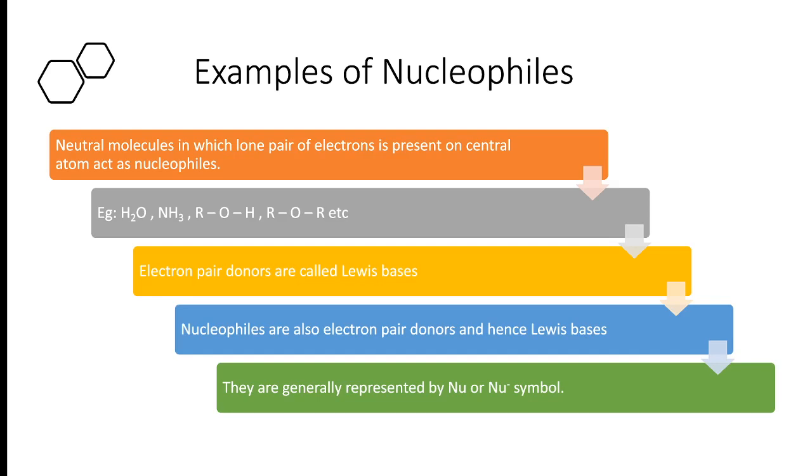Lewis bases are the substances which donate electron pairs. So here nucleophiles are the substances which are electron pair donors. Because of that reason, they are known as Lewis bases. Electrophiles are Lewis acids and nucleophiles are Lewis bases. This point we should remember.